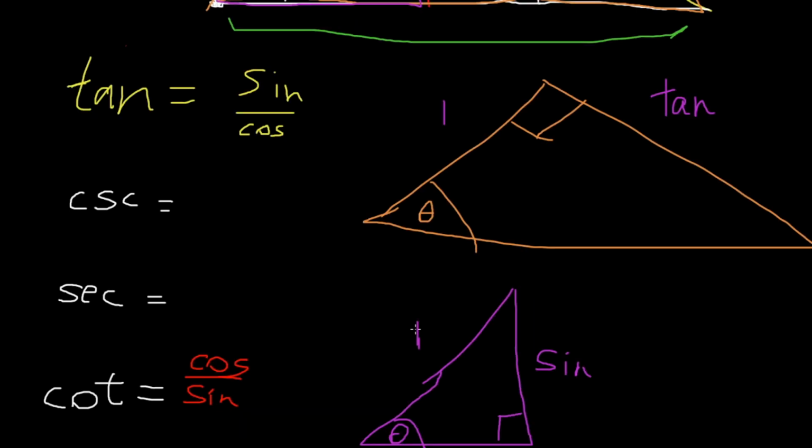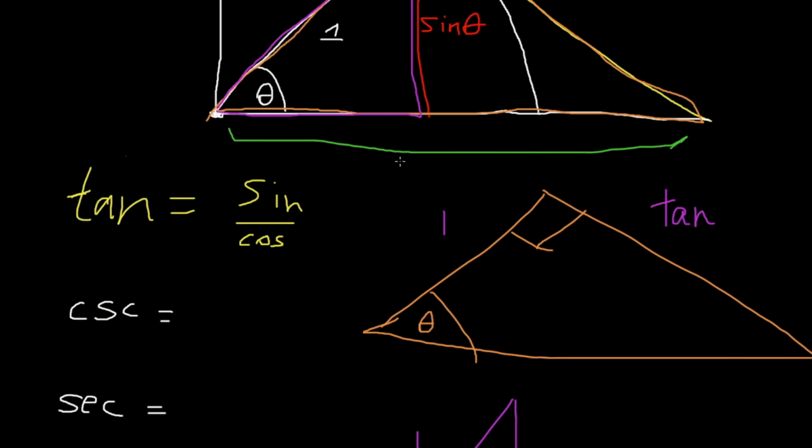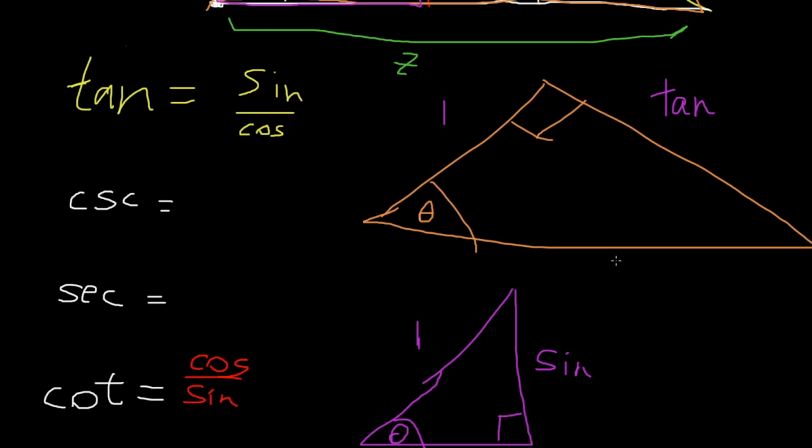So what can we do now? Well, let's call the green thing z again. Let's just keep calling it z. So we always try to put our unknown thing over 1, and then we can relate it back to our purple triangle. So z over 1 is kind of like the hypotenuse over the base.